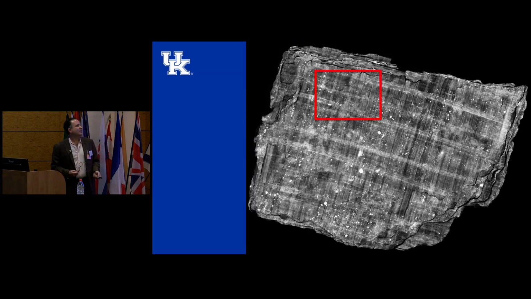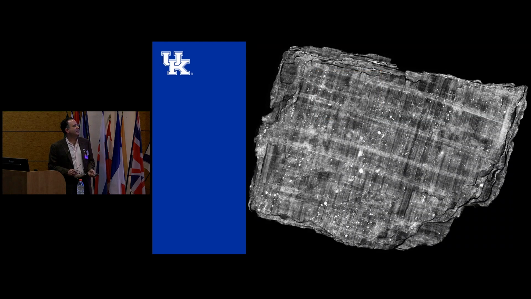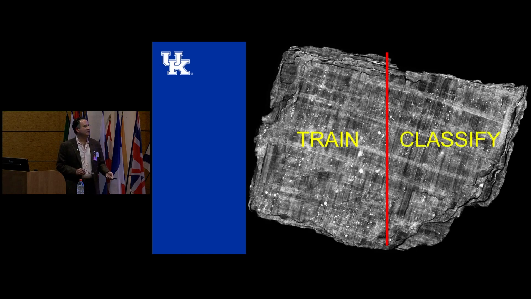So what we have here is, looking close up, what we expect for the Herculaneum fragments under CT scan conditions. But here what we're going to do in this experiment, and some of you may have seen this because Dr. Seales presented this somewhat recently, back in October at the Getty, we split this in half, where we used the left side as the training side, and we used the opposite side to classify, to run it over something it hasn't been trained on.